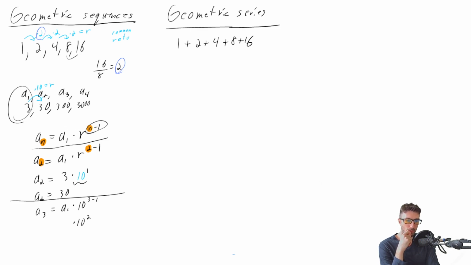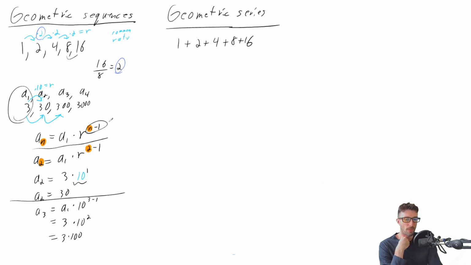You definitely wouldn't need to multiply by 3 tens. You would only need to multiply by 2 if you're trying to get to the third one. So if we take that first term, which is 3, multiplied by 10 squared, the same thing as times 100, that does get you 300, which is what we're supposed to get.